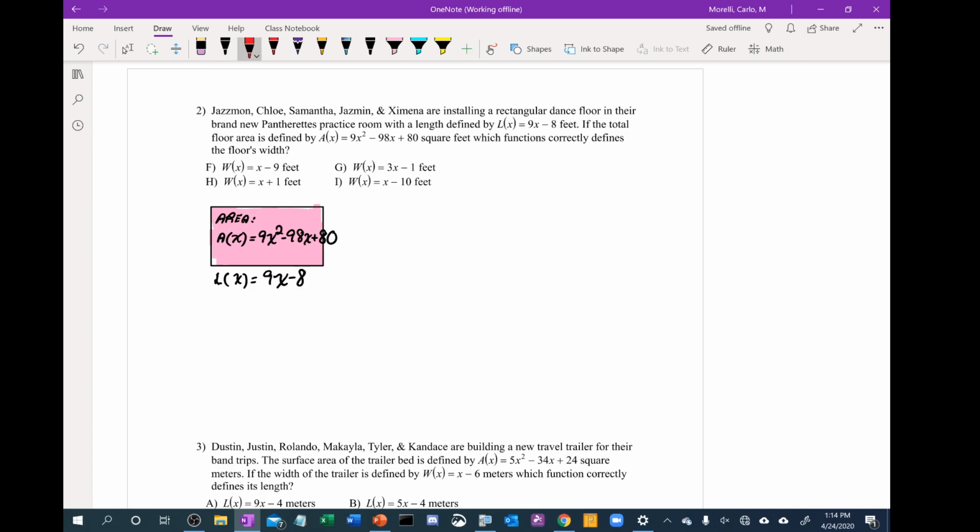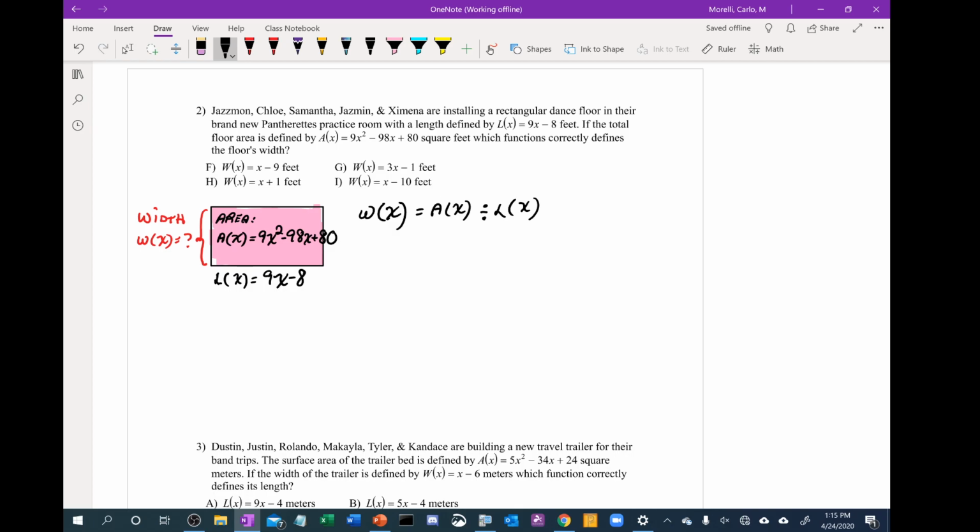And so the thing we're looking for in this problem is actually the width. So we'd like to know what the width of the dance floor is, and that's going to be given by W of x, which equals something. So the area formula we need to use to find the width is W of x for width equals A of x for area divided by L of x for length.